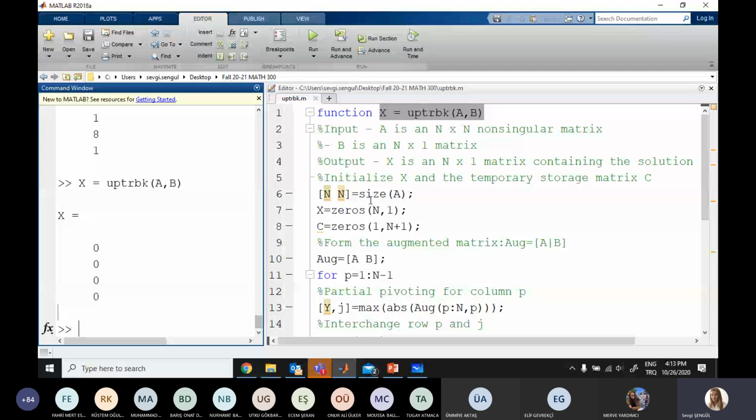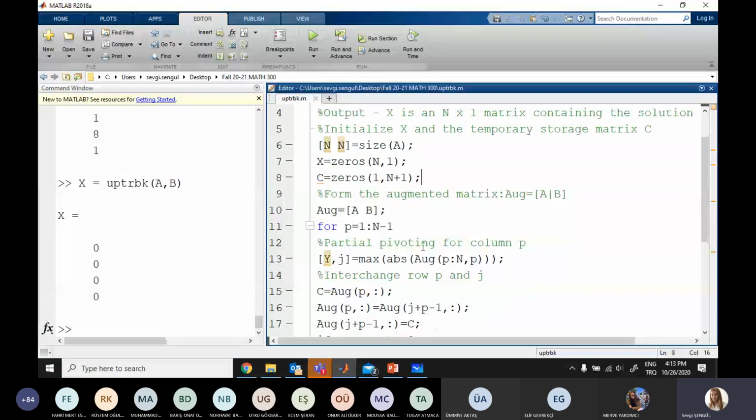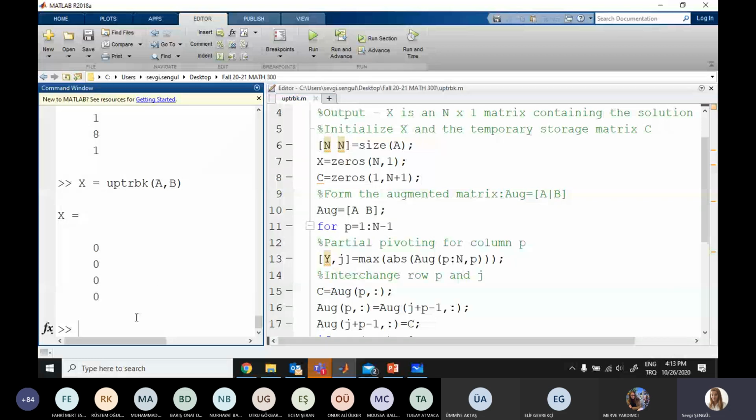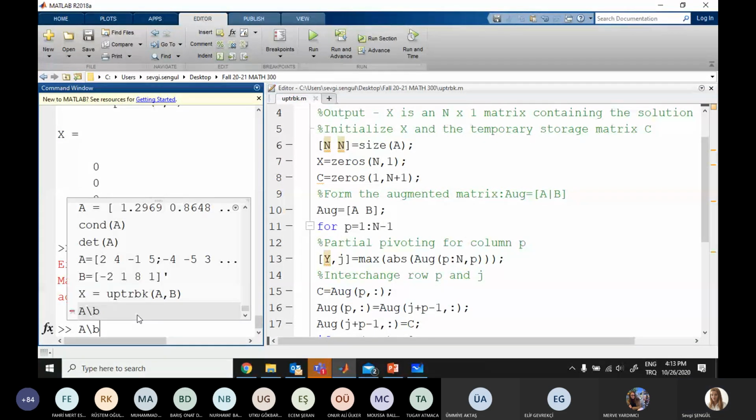Okay? And first we are initializing our solution in here, and after that we are doing the Gaussian elimination in here. It's very close to what MATLAB is doing once we use A backslash B. Okay, oops, it's not that.